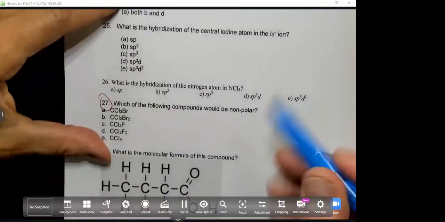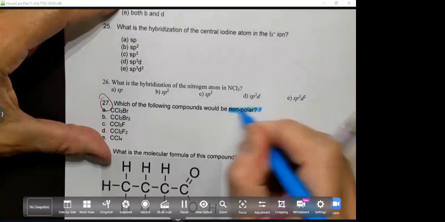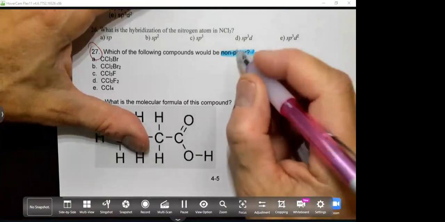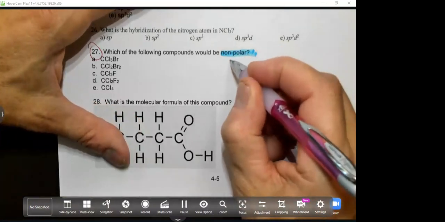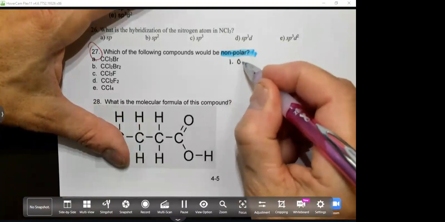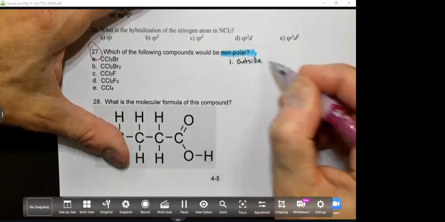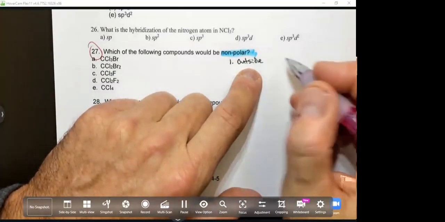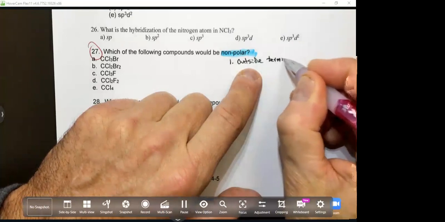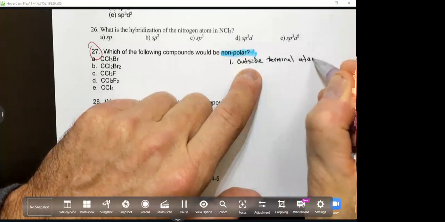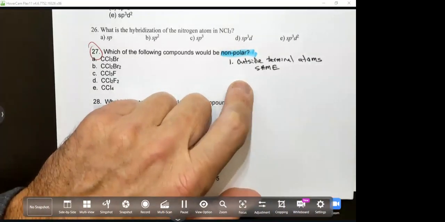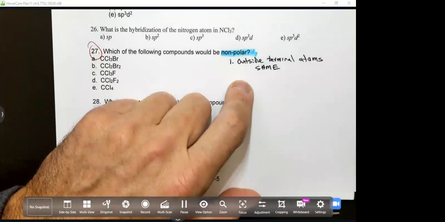Which of the following is non-polar? Now, for it to be non-polar, there are two things that have to happen. Number one, there is of course an exception, but outside terminal atoms should be the same, so the pull is equal.